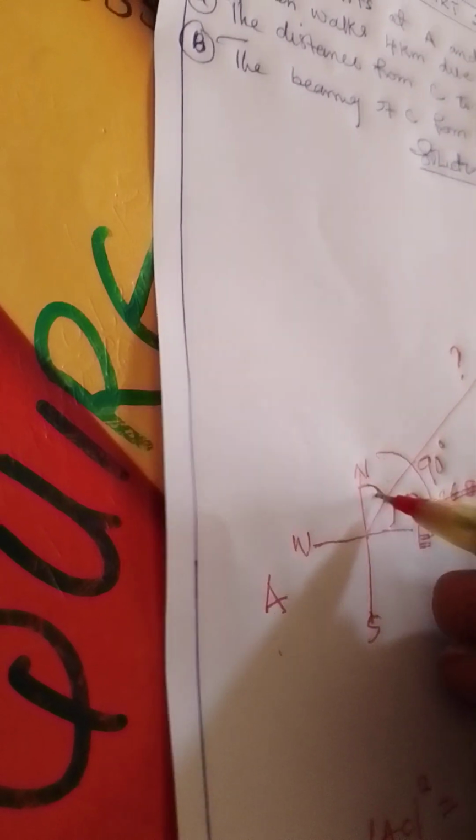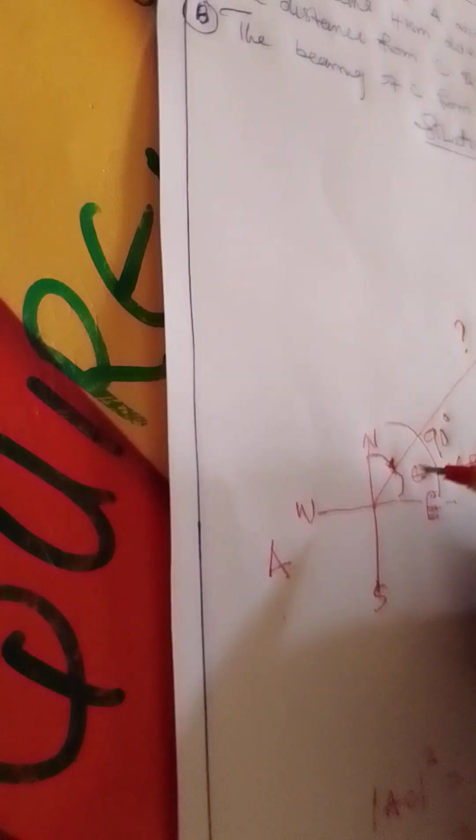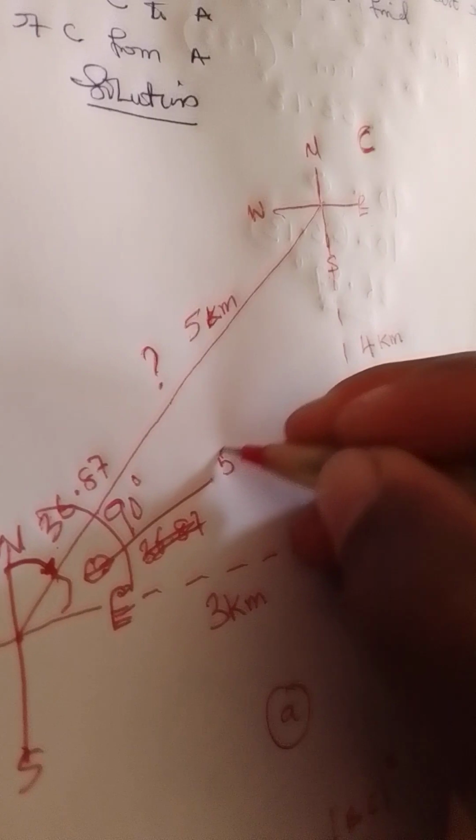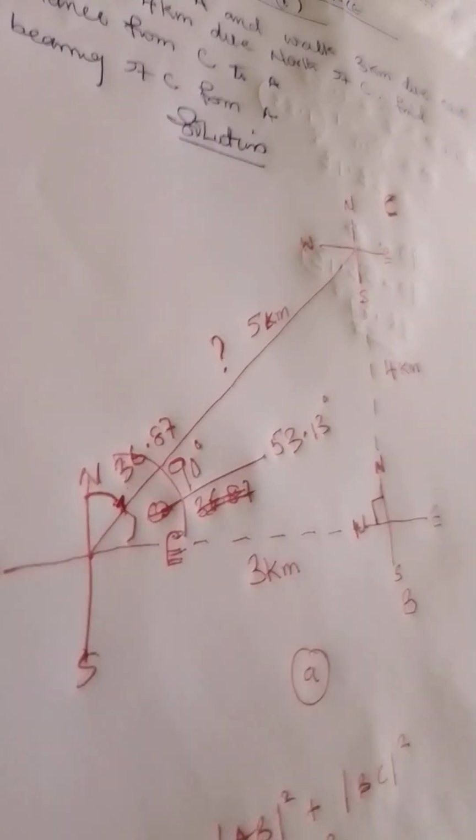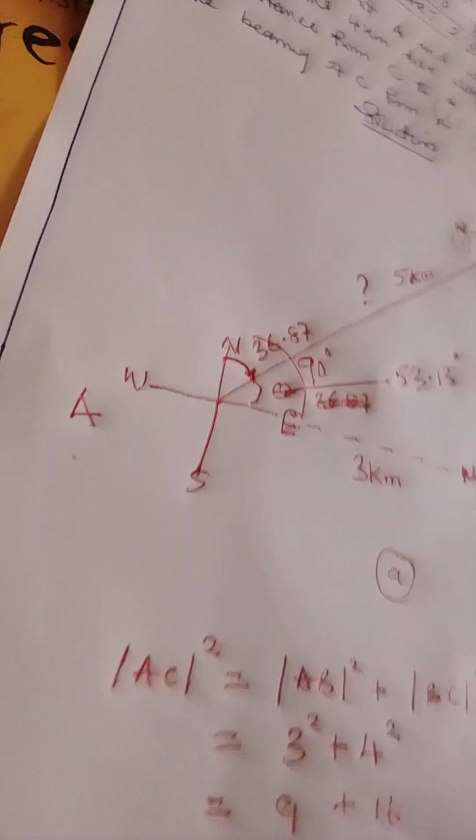Oh, sorry. Here, this is the bearing, will be 36.87. The theta, we have gotten it initially to be 53.13 degrees. So that is that about that.